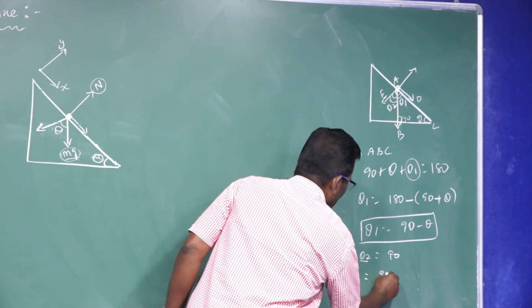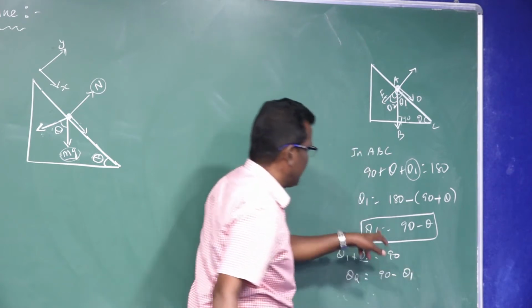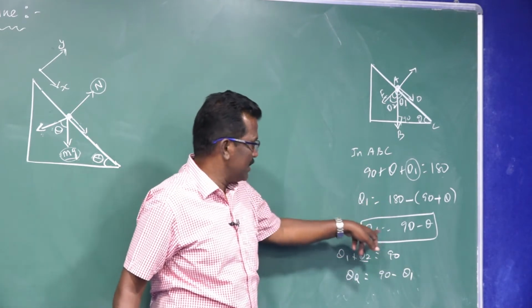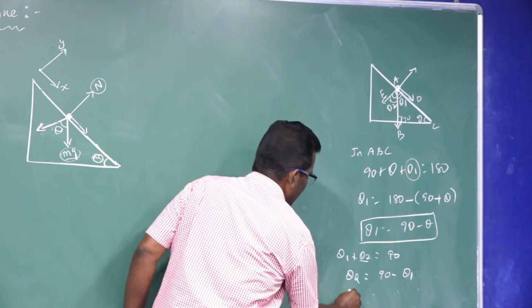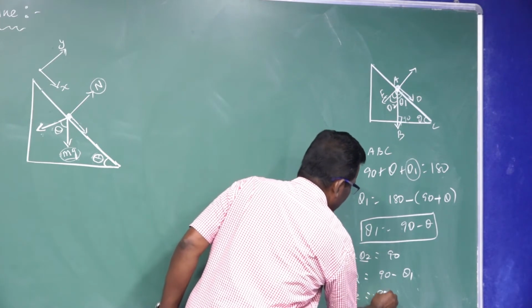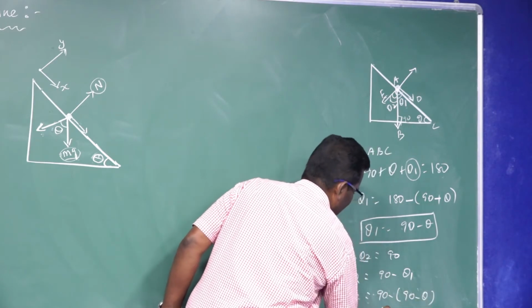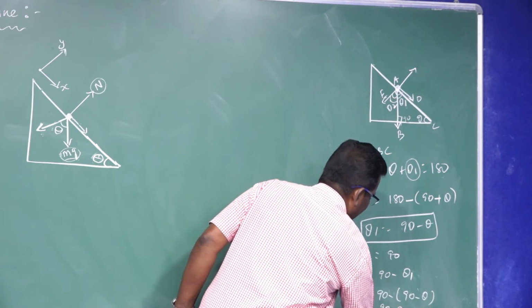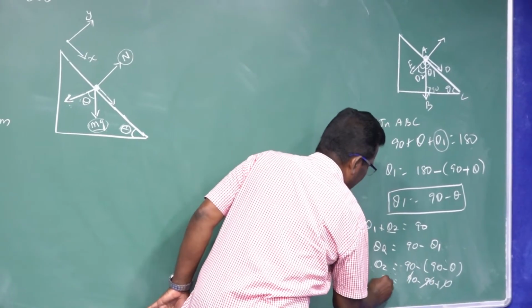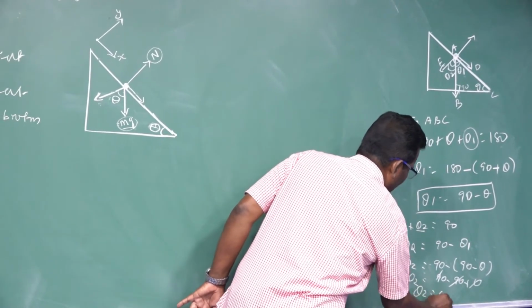Theta 2 is equal to 90 minus theta 1. Already we proved theta 1 is equal to 90 minus theta. So theta 2 is equal to 90 minus 90 plus theta, the 90 cancels. So theta 2 is equal to theta.